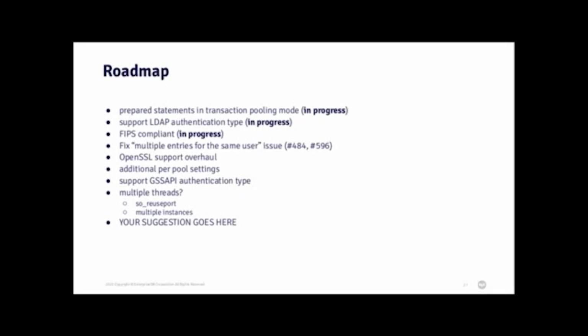So what PgBouncer did was to implement a way to handle this issue. It has a parameter called SO reuse port. This parameter uses a kernel infrastructure that allows you to use the same address, the same port on the same host to handle different servers.